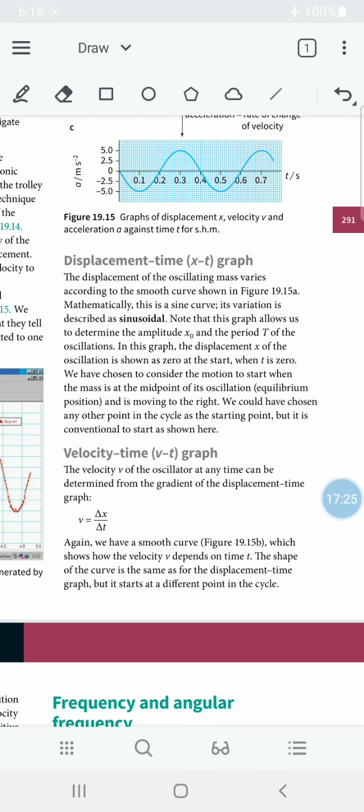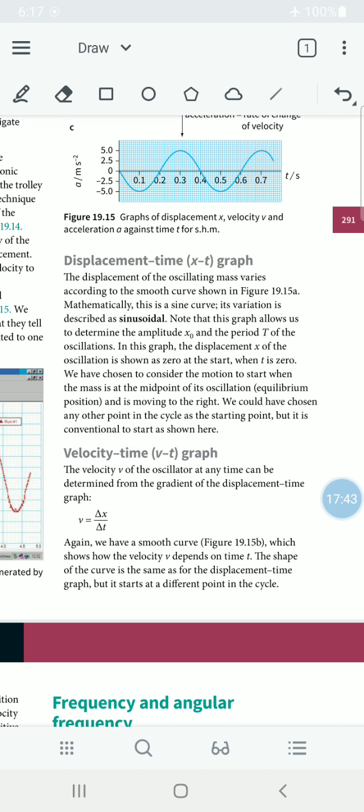Then write down VT graph. Velocity can be obtained by finding the gradient of the displacement time graph.